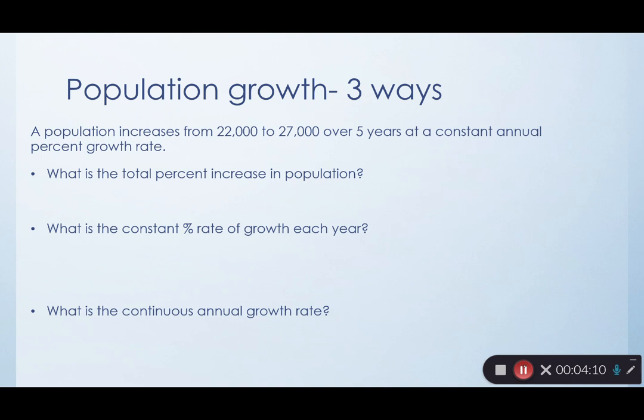All right, so in this problem, we have a population increasing from 22,000 to 27,000 over 5 years at a constant annual percent growth rate. So the total percent increase in population, this is something you would have learned way back in elementary school or something. So we have the new population minus the old population over the old population.